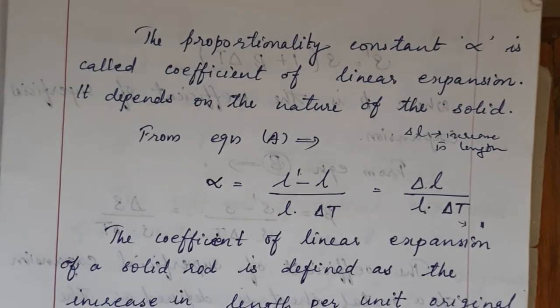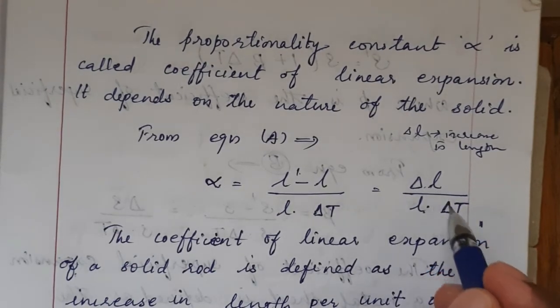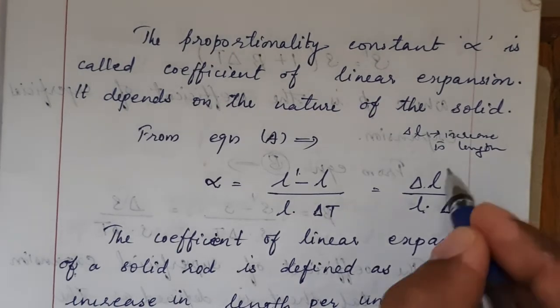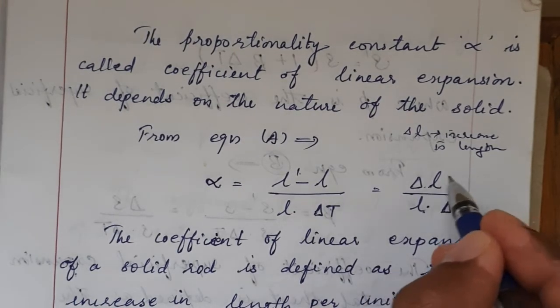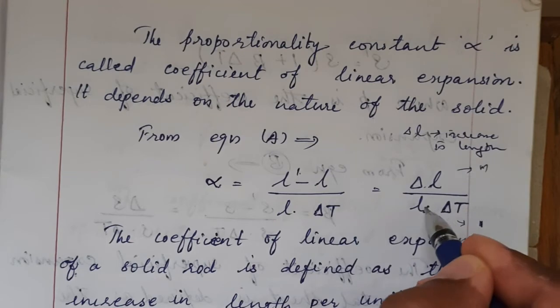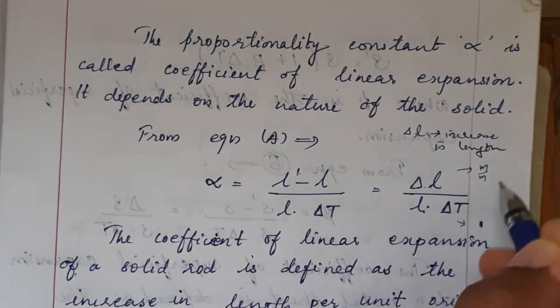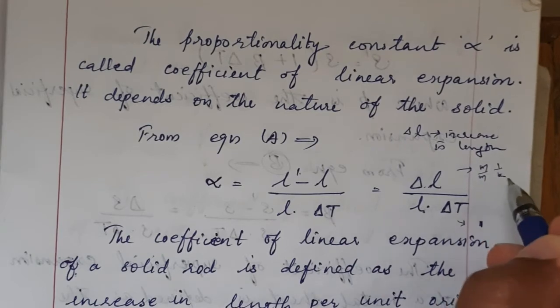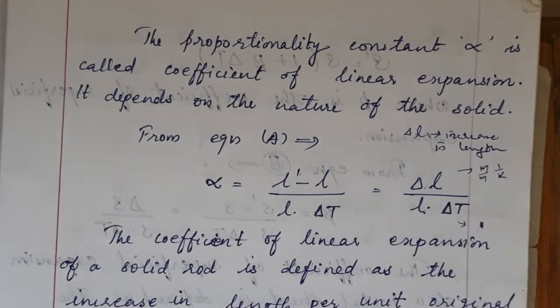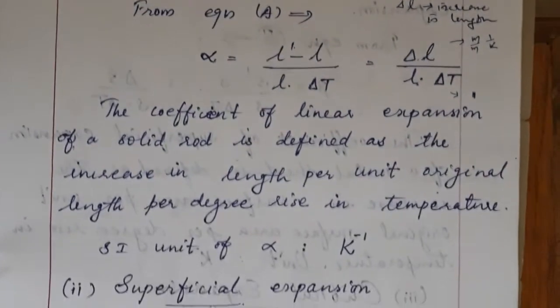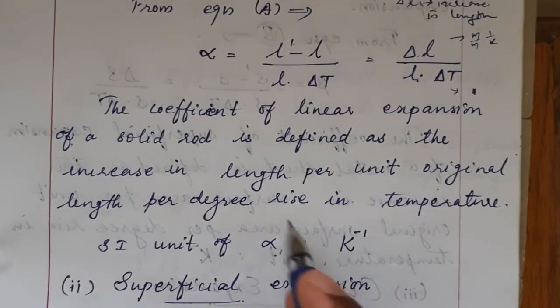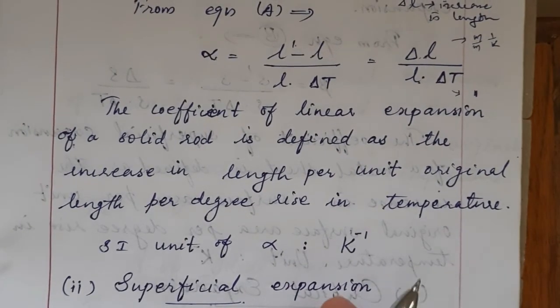This alpha has a unit, and that unit will be 1 by Kelvin, because delta L is expressed in meter, L is also expressed in meter, so that is cancelled, and delta T, its unit will be Kelvin. So 1 by Kelvin, Kelvin inverse, is the unit of coefficient of linear expansion.